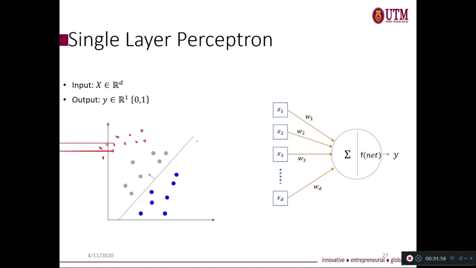It means you need another line here. If you want two lines to learn this, it's not enough to just have a logistic regression or a single unit of neuron. You need more neurons to represent that.